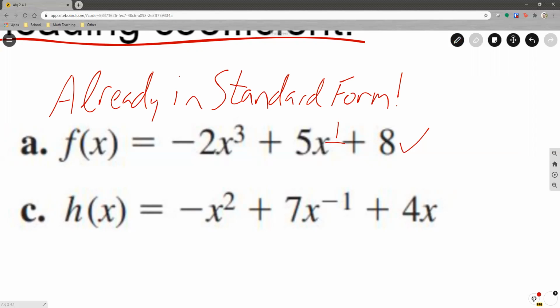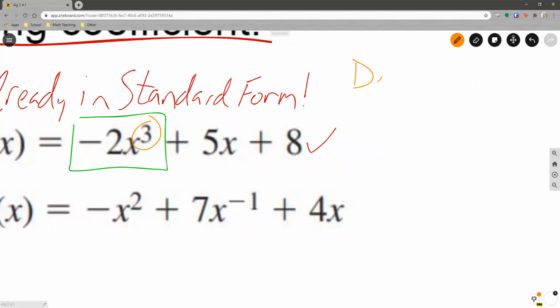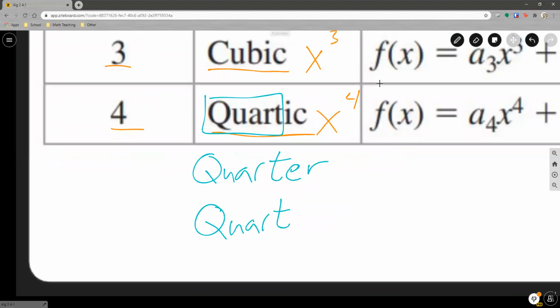So now we've got to move on to finding the degree of the polynomial, the type, and the leading coefficient. Well, remember, I can break these up. If I want to find the degree, I'm just looking at the exponent. Again, this is very quick. My degree is 3. It's a third degree polynomial. The type is the name of the type of polynomial that it is.